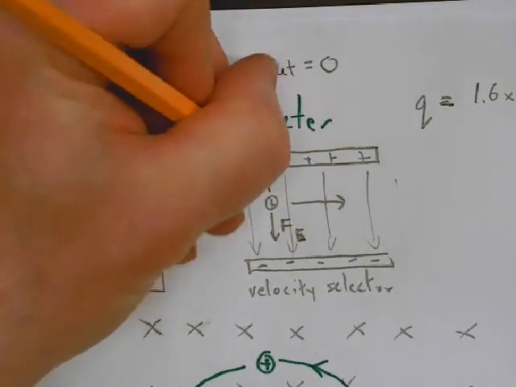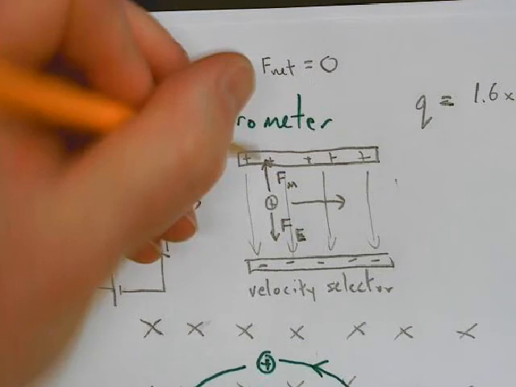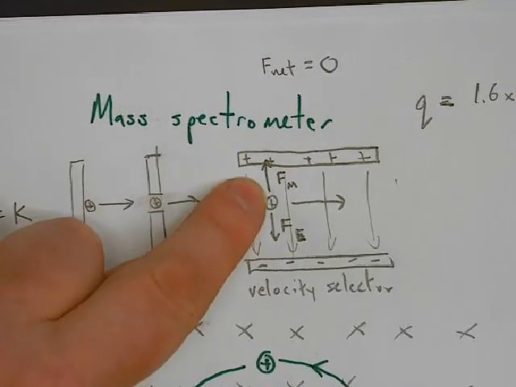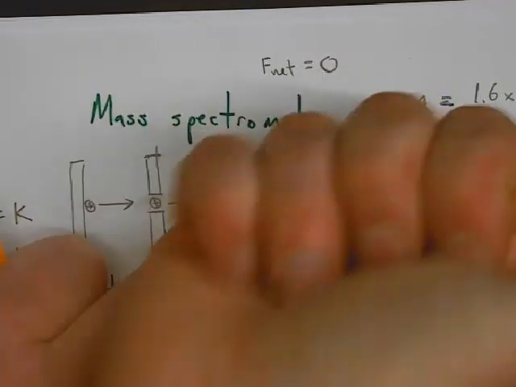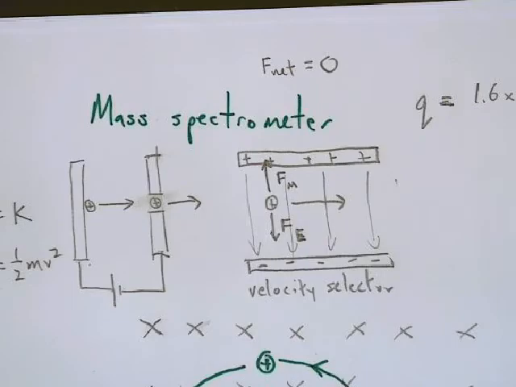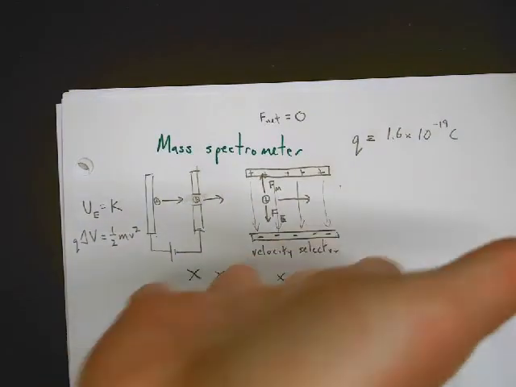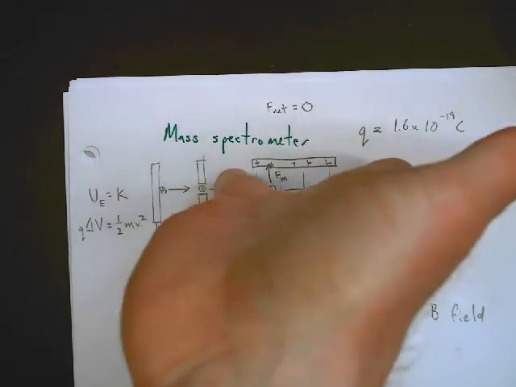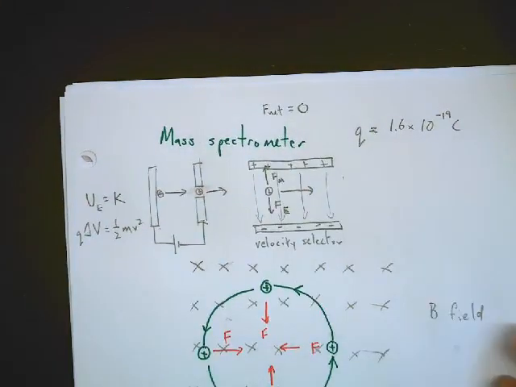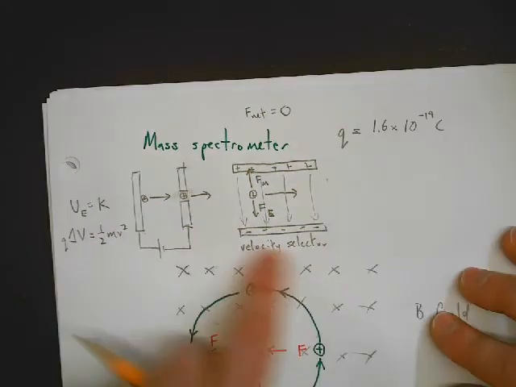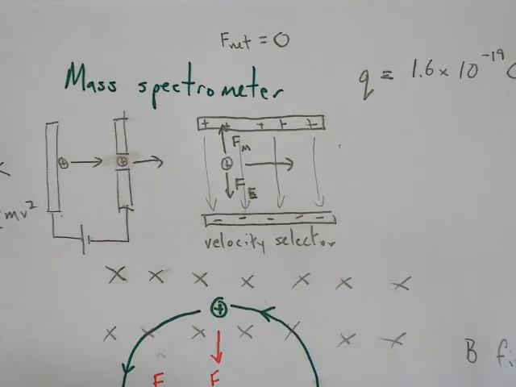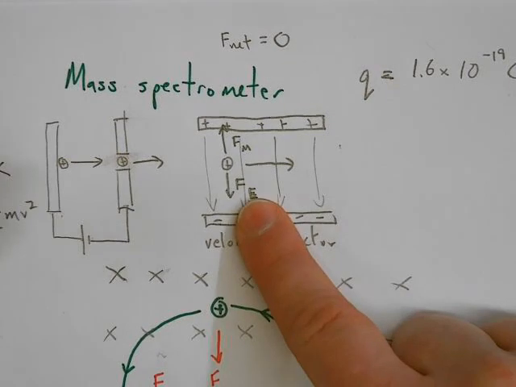Well, if I want it to move straight through, I had better have a magnetic force that's going to cancel that out. Okay, well, if my magnetic force is going to point in the positive y direction, then if you do your right-hand rule, let me just roll out so you can see, your hand's going to look like this. My palm is pointing in the positive y direction, so my magnetic field would have to point into the page. So I would have to have a magnetic field in here that is pointing into the page.